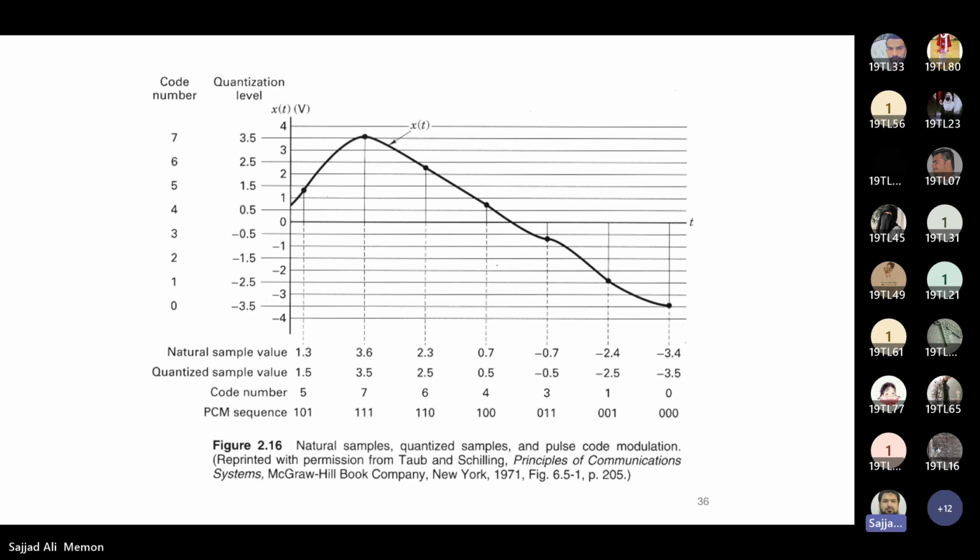That is a difference of only 0.05 instead of 0.2 volt. So the quantization error has reduced from 0.2 to 0.05 only by increasing the quantization levels. If we further increase the quantization levels, we can reduce the quantization error.